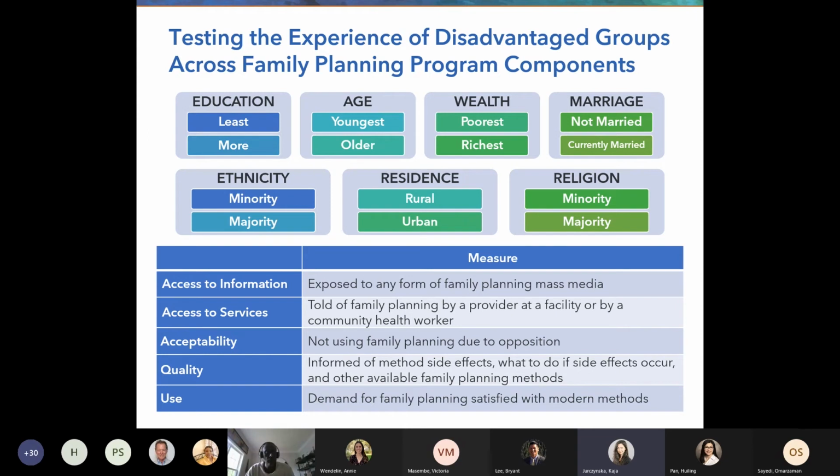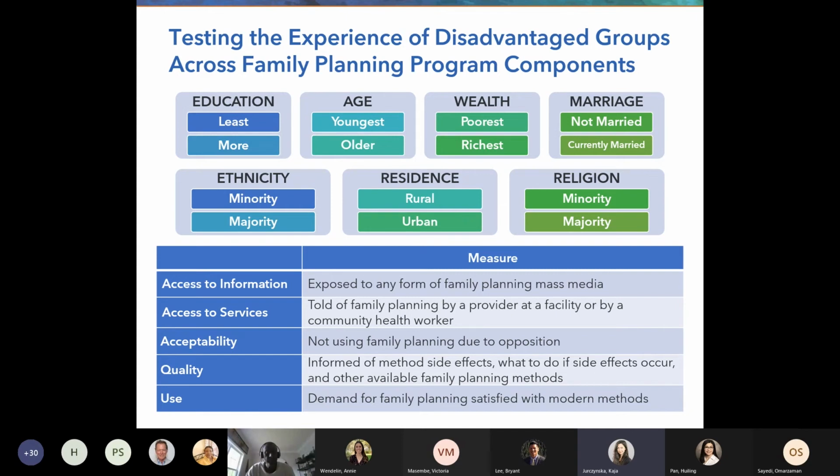So as far as the groups that we test, we take a look at women by education, by age, by wealth, by marriage, ethnicity, residence, and religion. And we compare the experience of the minority to the majority in the cases of religion and ethnicity, the least educated to more in the cases of education, the youngest to older, wealth, the poorest to richest, and so on and so forth.